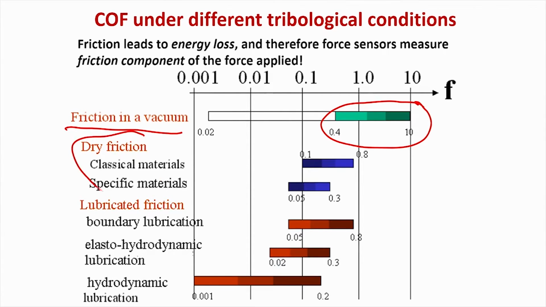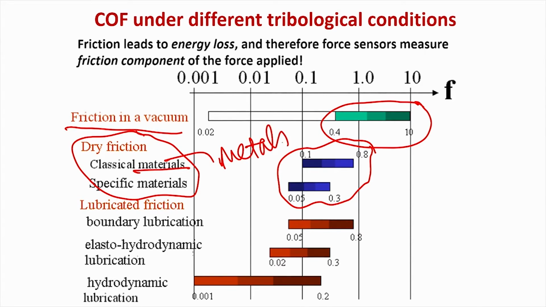If you go to dry friction, like classical materials and specialty materials, then it goes from 0.05 to 0.8. I have shown that classical materials, meaning metals and alloys, go up to 0.5, 0.6. Some of the ceramics will be at 0.3, 0.4, and 0.05 is more in the domain of polymers.